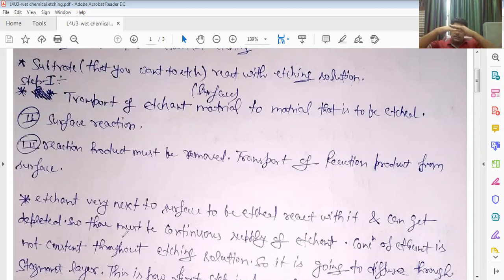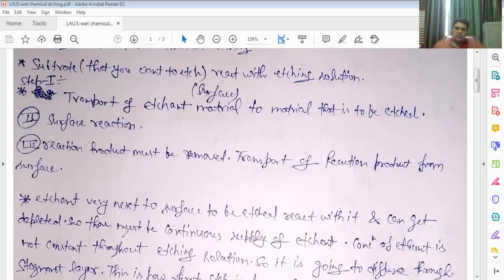So this is your stagnant layer, and above that you have etching solution in which etchant is present, and this is the surface. The etchant reacts with the surface. Now this stagnant layer is depleted, so there must be a continuous supply of etchant through the stagnant layer.